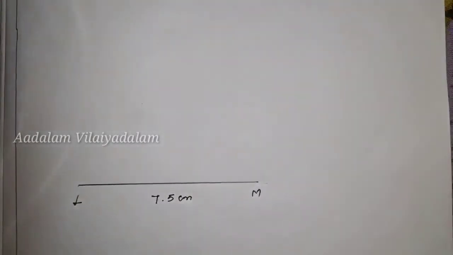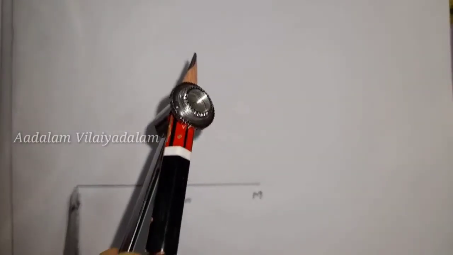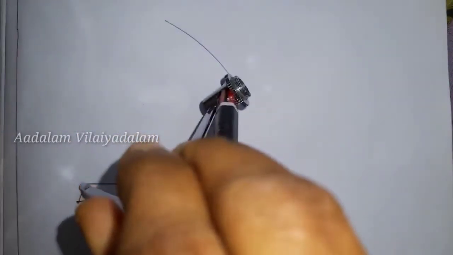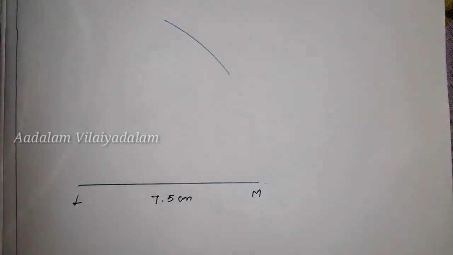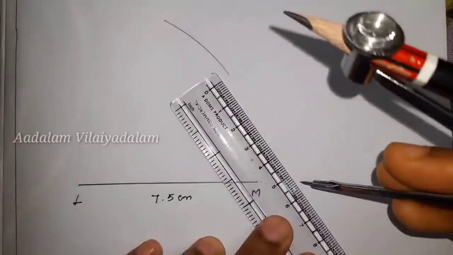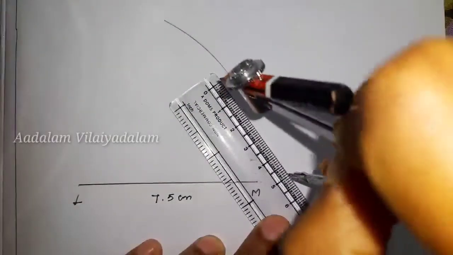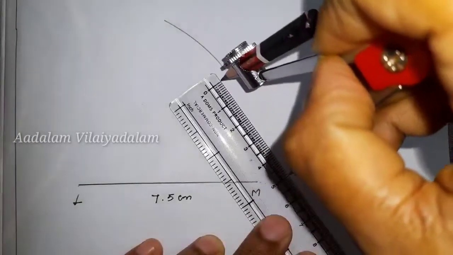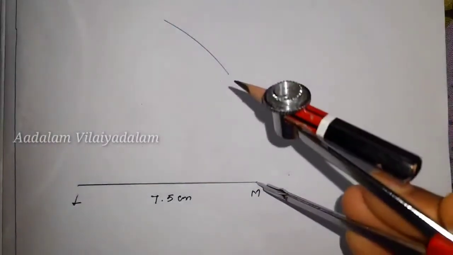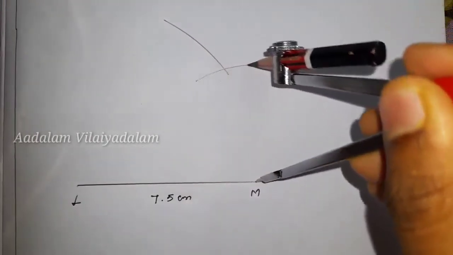At L center make the arc. At M center make the arc, 5 centimeter radius.